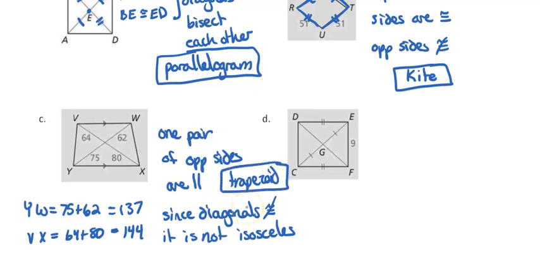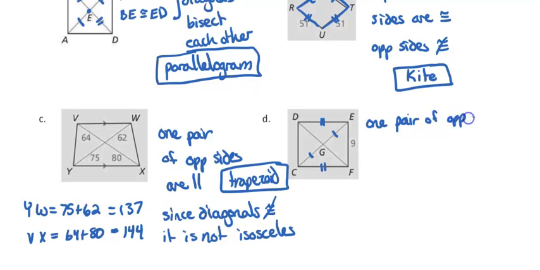Okay, looking at D, we have one pair of opposite sides that are congruent. And so we don't have both pairs, so that can't give me anything like a parallelogram, a square, or a rhombus. I know one diagonal is bisected.